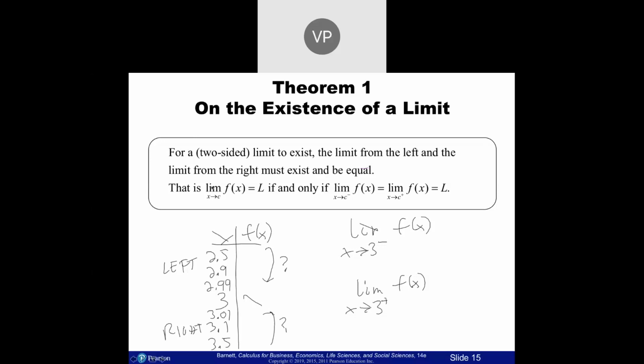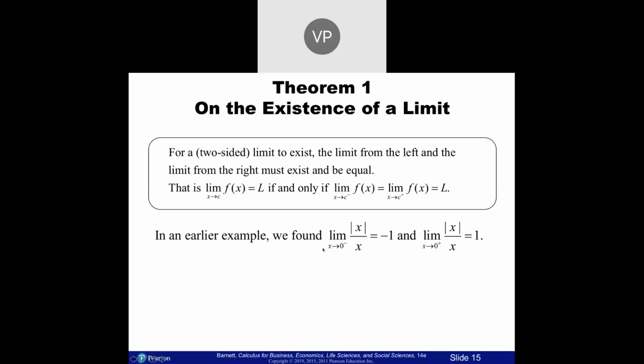Now on this slide, you see the limit with no little plus or minus is going to check from both sides. It's only going to exist if you check the left and you check the right and they're the same. If they're the same, then that's what the limit is going to be. So in this particular case, remember that table that I wrote a couple slides ago. From the left side, we found that it approaches -1.